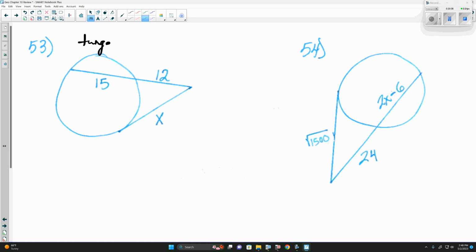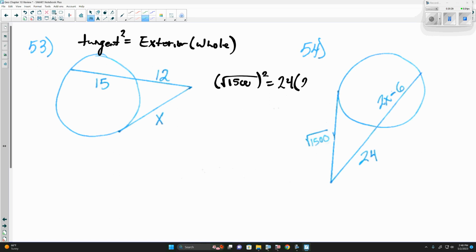Because this here is tangent squared is equal to exterior times the whole. So 54, we'll have the tangent squared. So in this case, it's going to be the square root of 1500 squared is equal to the exterior, 24 times 6 plus 24, the exterior times the whole.